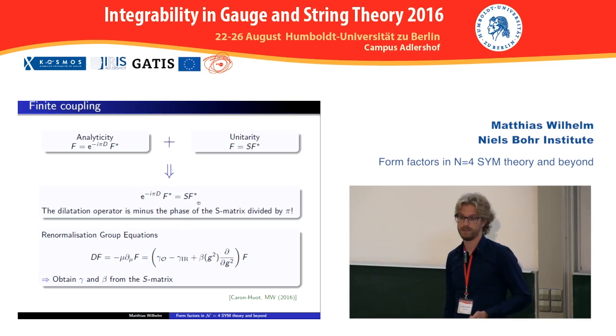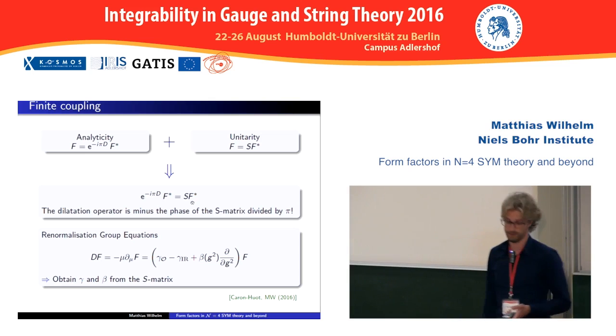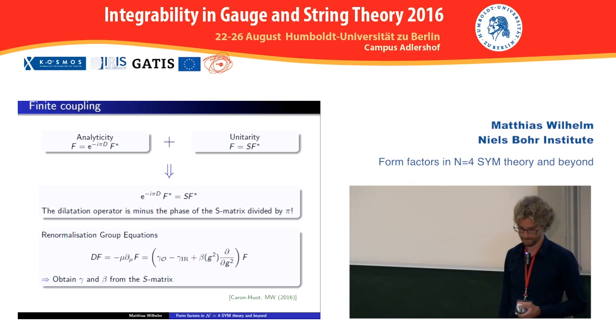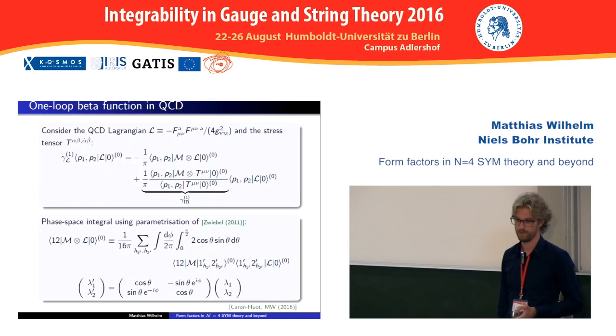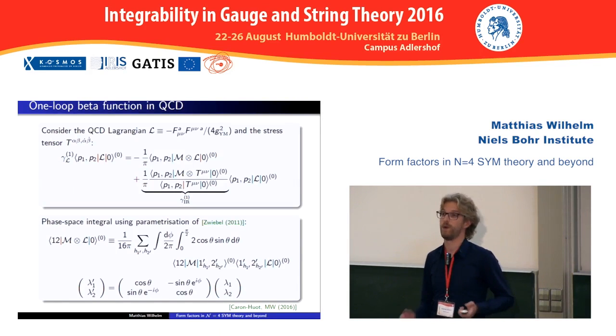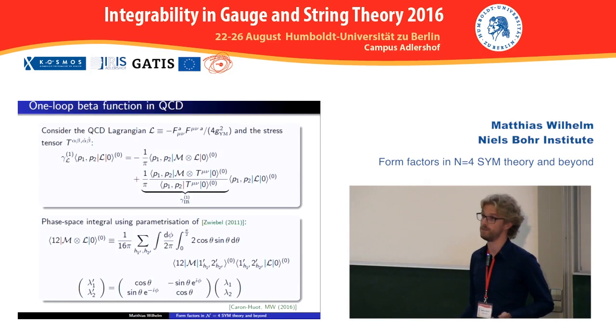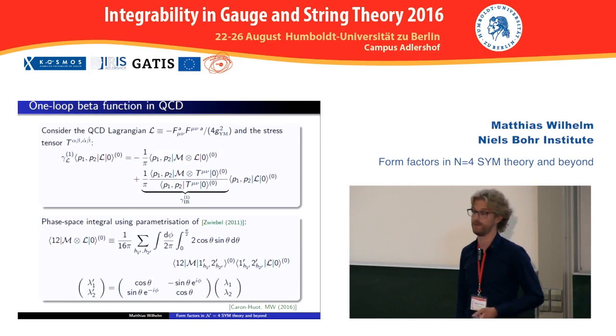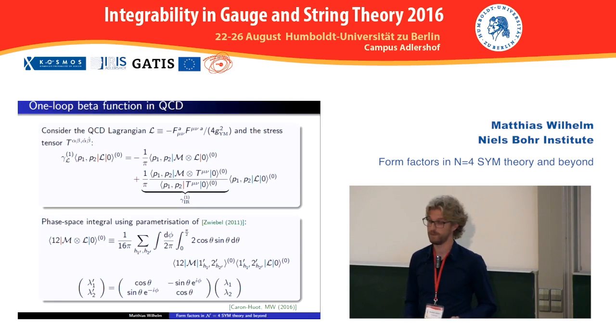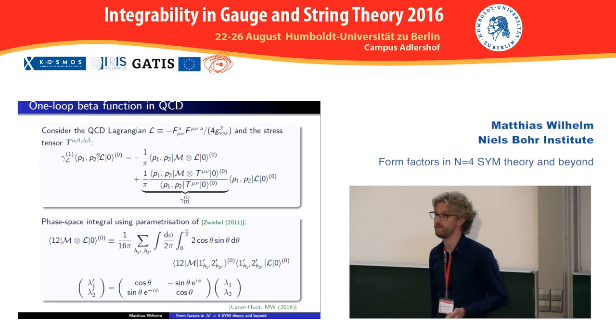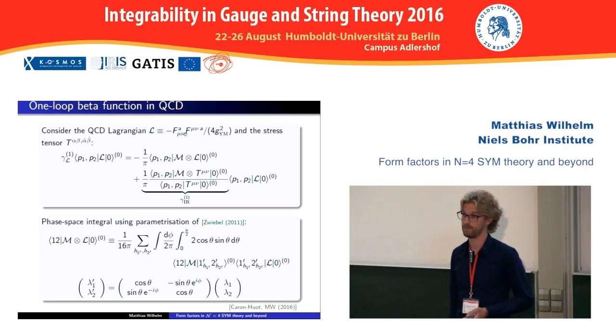Now let us apply this general equation to several concrete examples. The first example is the one-loop beta function in QCD, or rather in pure Yang-Mills theory. We now consider the general equation for the two-point form factor of the Lagrangian, which is proportional to F squared.